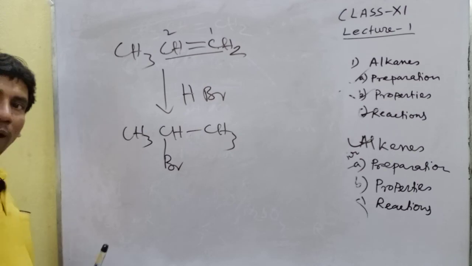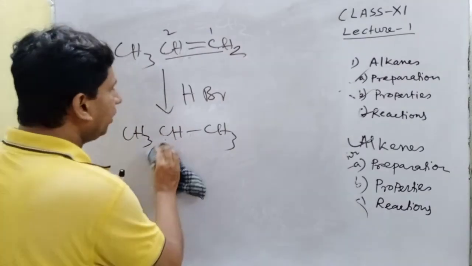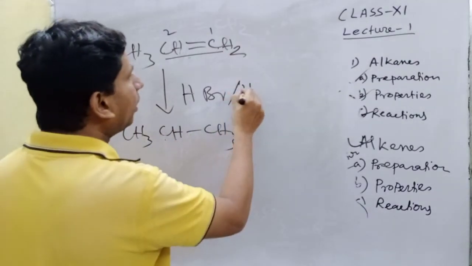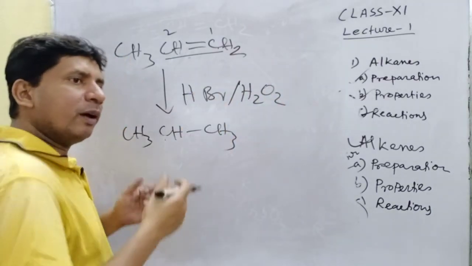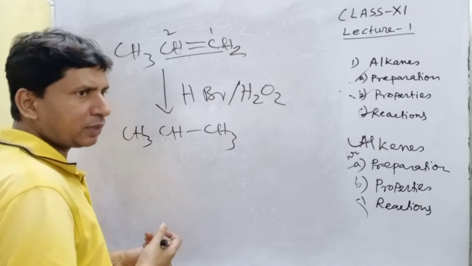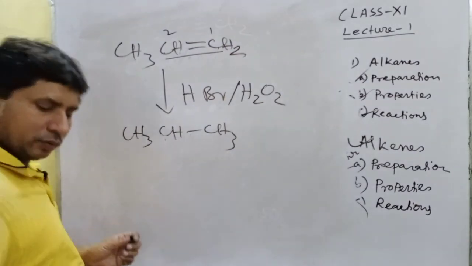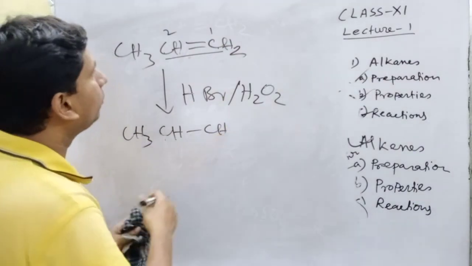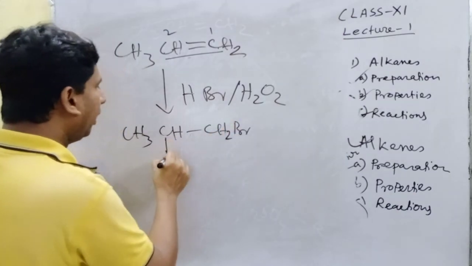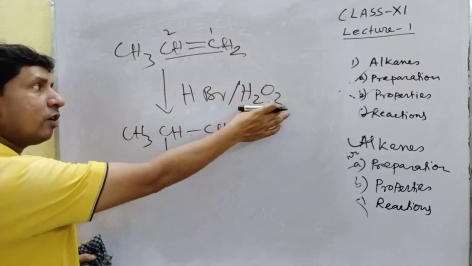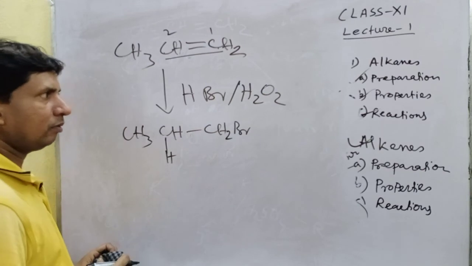And there is also the anti-Markovnikov rule in presence of peroxide. It may be H2O2, sodium peroxide, barium peroxide, or any type of peroxide or peracid. The reaction will be opposite. That means here bromine will be attached and here hydrogen will be attached. In presence of peroxide, addition of HBr will be opposite.